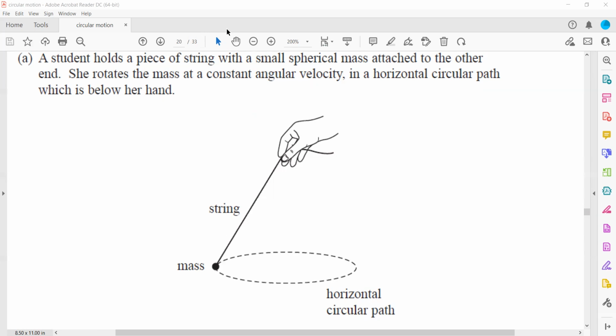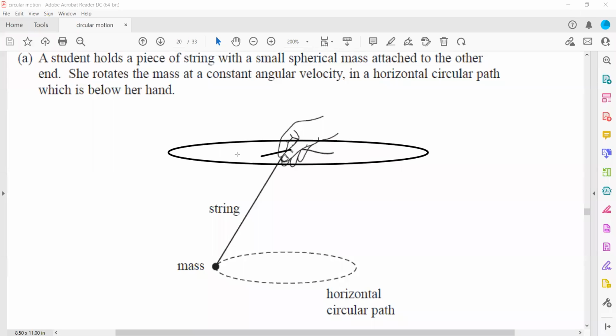Why can't the student rotate this in a horizontal circle? The horizontal path is there, but it also has a vertical component. So what is the reason for that? The reason remains the same, because there is a weight acting downward. So there must be a component of the tension which balances with the weight. That's why this can never move in a horizontal circle.